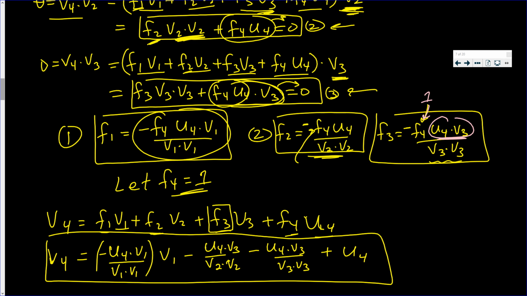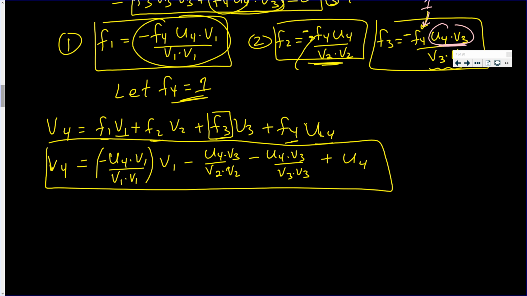Let's see what mistakes I made. This is F1 times V1, that's exactly right. Then I should have F2 times V2. Here's my F2, there's my V2, plus F sub 3, which is right here, times V sub 3. Sorry about that. So there is V4.